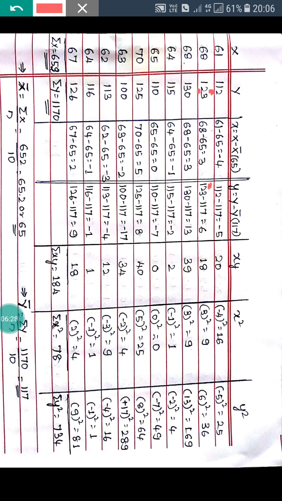Next, 123 minus 117, that is 6. 130 minus 117, that is 13. 115 minus 117, that is minus 2. 110 minus 117, that is minus 7. 125 minus 117, that is 8. 100 minus 117 equals minus 17. 113 minus 117 equals minus 4. 116 minus 117 equals minus 1.